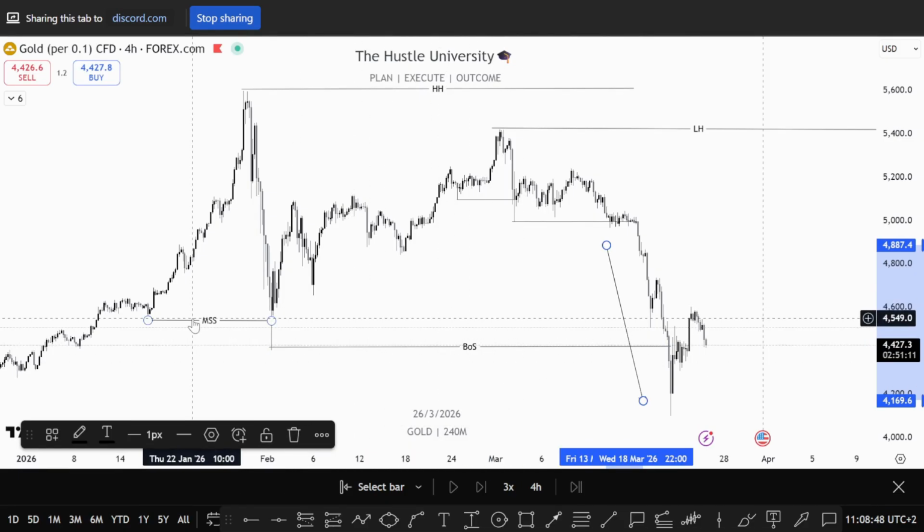We had a market structure shift. Remember, market structure shift or change of character, BMS, MBS, MSS, is responsible for the change of the direction of the trend.